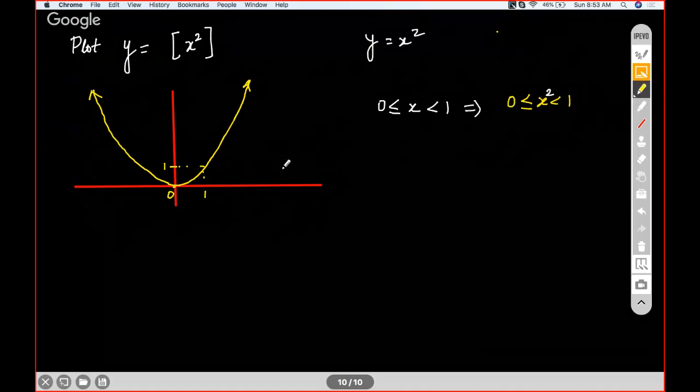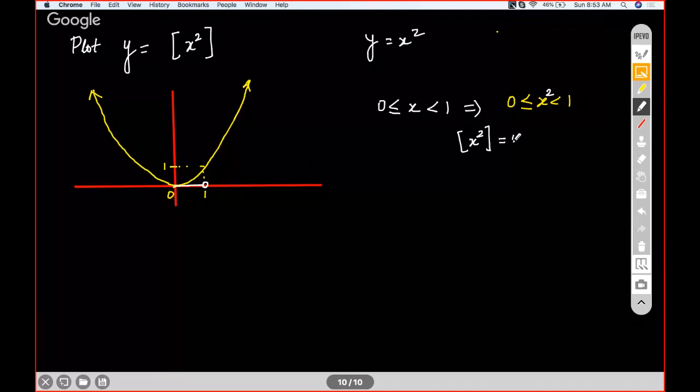When you take a GIF of such functions which are between 0 to 1, what will GIF do to it? It will straight away bring it down like this. And there'll be a hole over here, correct? Because for all these values, your GIF of x square is going to be 0.